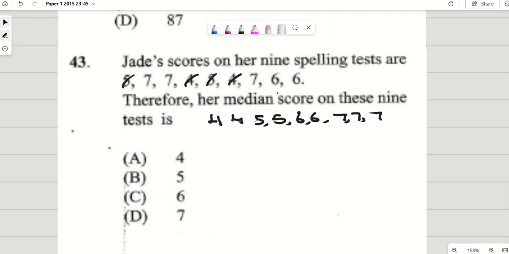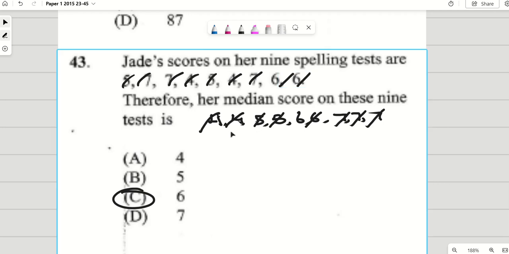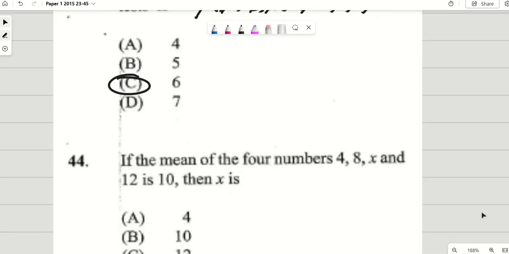Make sure you use each one: your first and then your last, your second and then your second to last, your third and then your third to last, your fourth and then your fourth to last, and the middle one is 6, so the answer is C. So when you have questions like this, please put them from smallest to largest, and then cross out, and the middle one would be your median score.